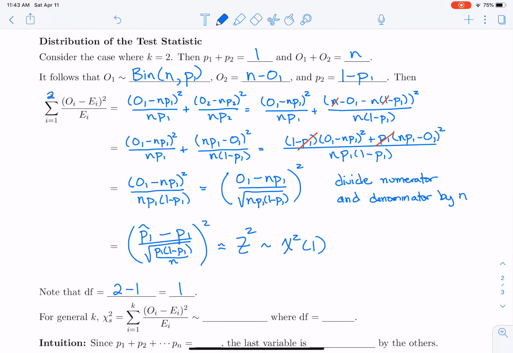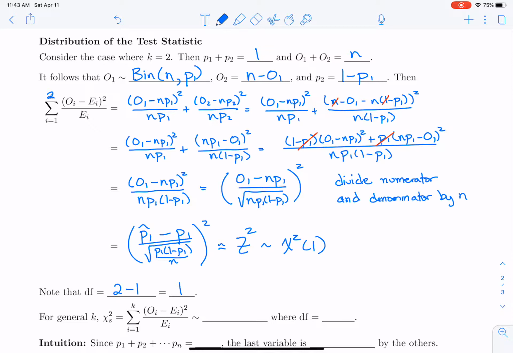This expresses the idea that O2, the number of observations, depends on O1 if we have a total number of observations n, or you can think of P2, the probability of being in the second group, depends on the first group. So the number of degrees of freedom here is 1, because if we determine the number of individuals or the probability of being in the first group, then that gives us the number of individuals or the probability of being in the second group.